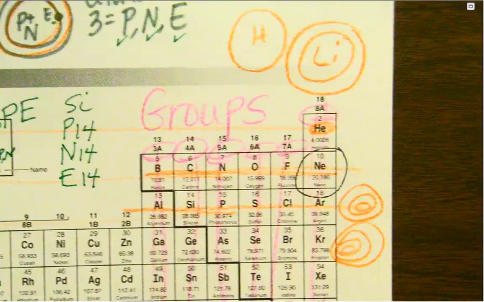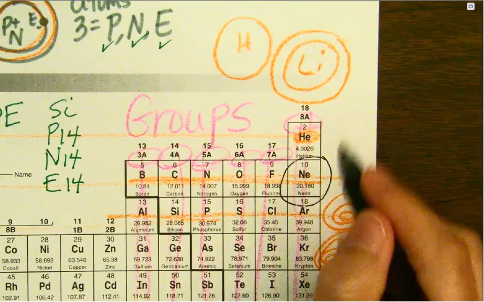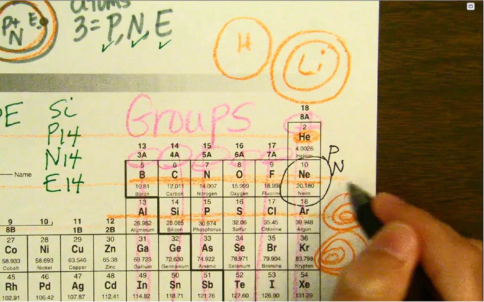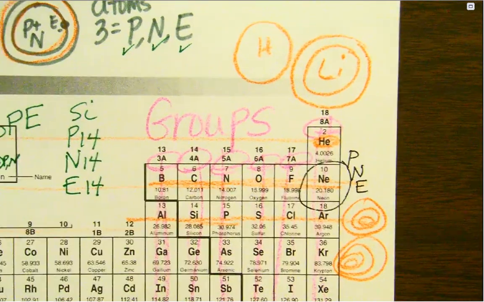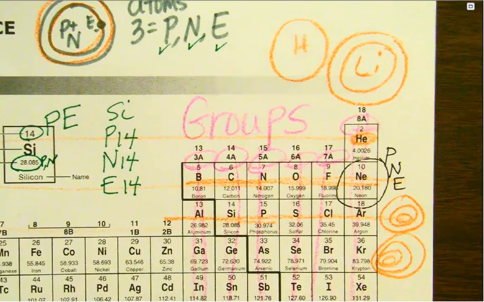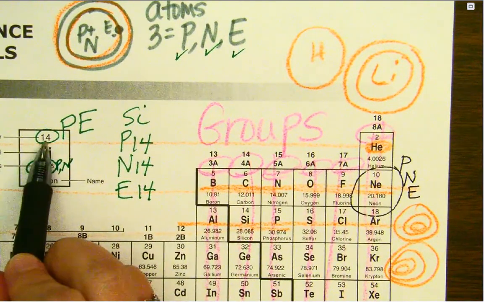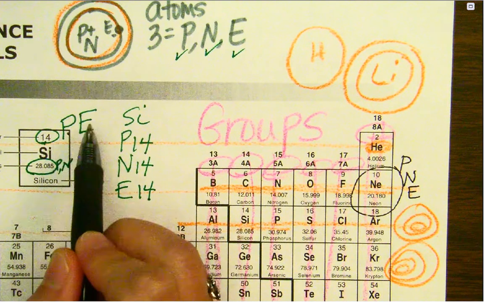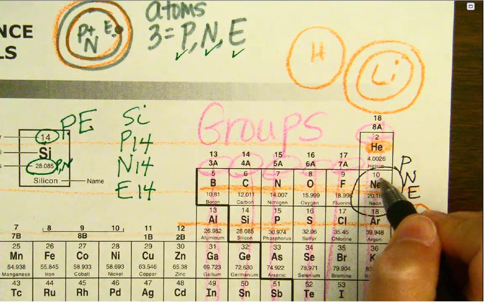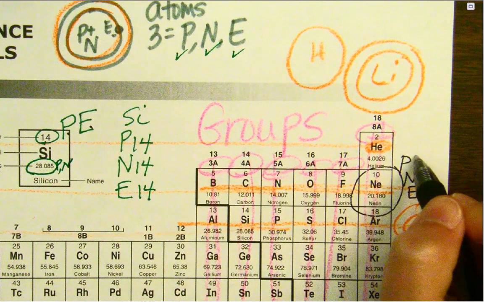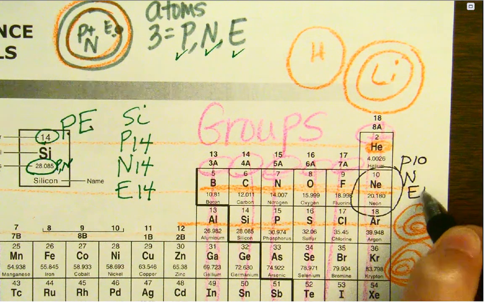Okay, so we want to know how many protons, neutrons, and electrons neon has. If you remember from up here, this top number is the atomic number. It tells us how many protons and electrons. So we can find that out easy. That's a 10. So there's 10 protons and 10 electrons.